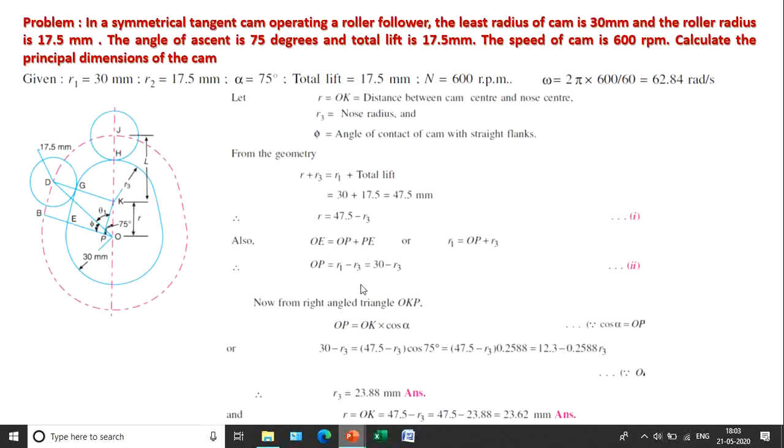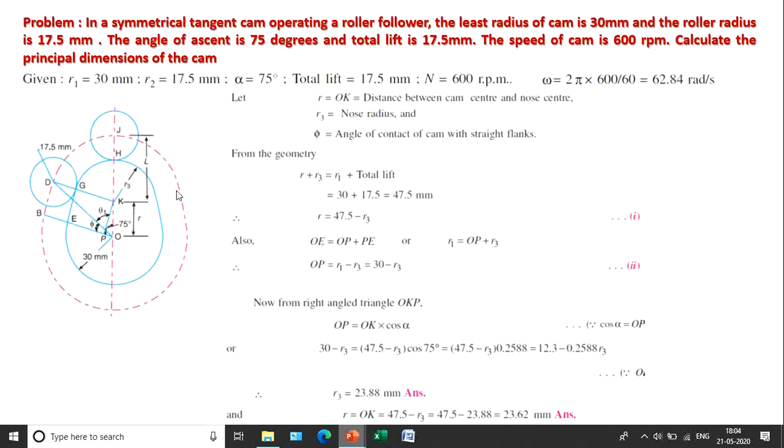From this R3 we can get the value of R. Since R equal to 47.5 minus R3, we get 23.62. Therefore the distance between the centers, R, is 23.62 and the nose radius, R3, is 23.88. So this gives the principal dimensions of the cam.